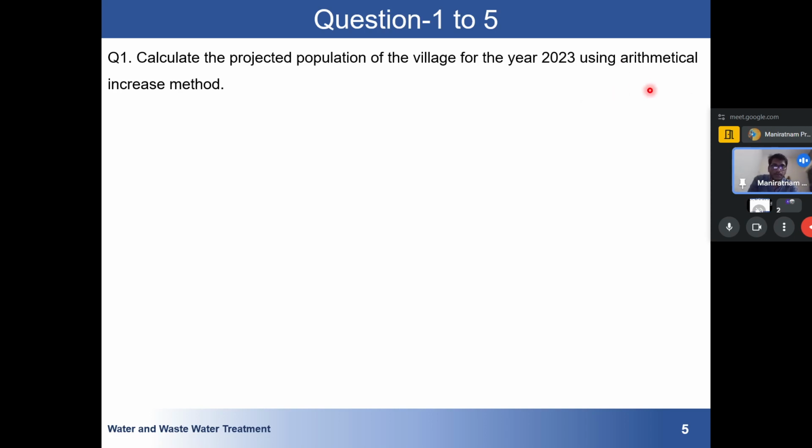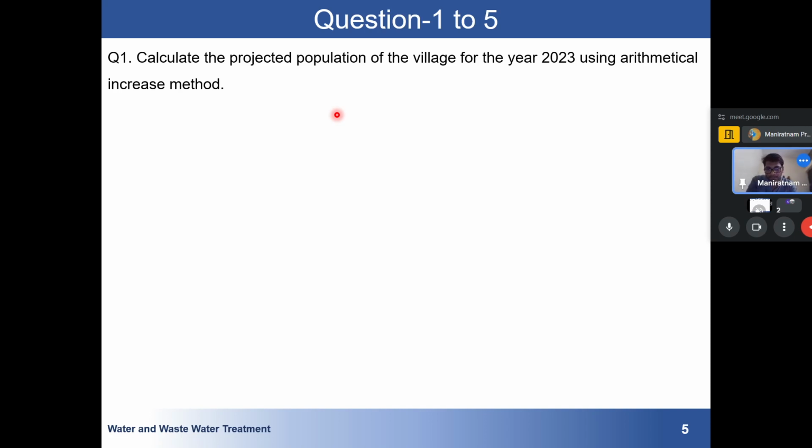This is the limitation of the arithmetical increase method, so we generally don't use it. But suppose in an examination someone asks you to project the population of an area using this method, then you should know it. It doesn't matter whether this method works or not, but you should have an idea how it works.